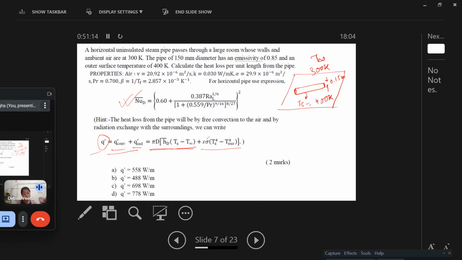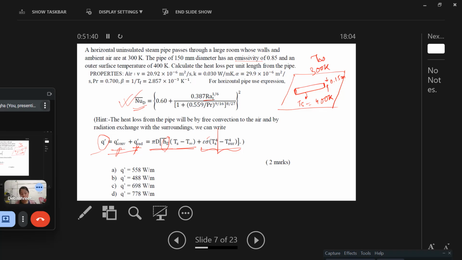Now, to start with, first we have to find out the Q. You need to find out the h. For the radiation part, you know everything, but for the convection part, you need to find out the h, and for finding h, you need to calculate the Nusselt number. Again, for the Nusselt number, you have to calculate the Rayleigh number.